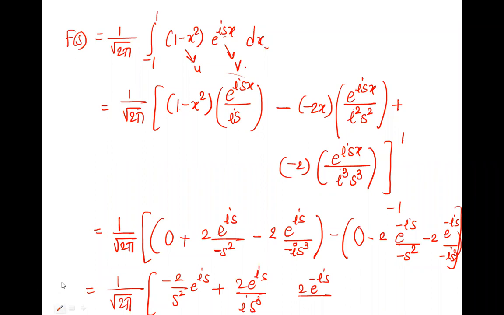So it is minus 2 upon s square, again minus 2 e raised to minus is upon is cube. Right, these two I guess get cancelled. No, there is e raised to is, there is e raised to minus is.